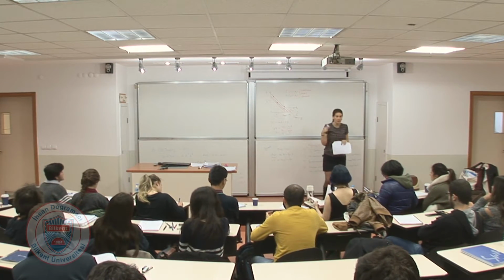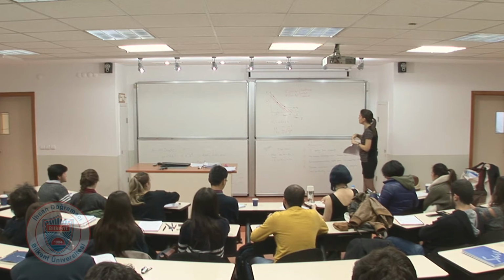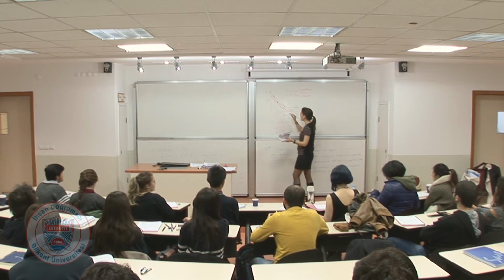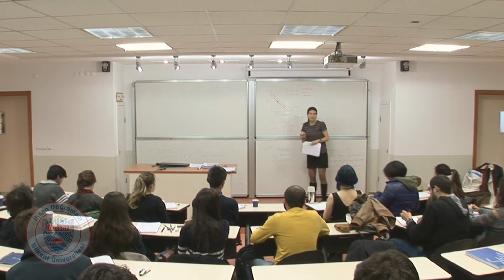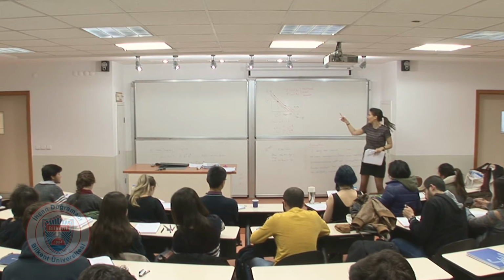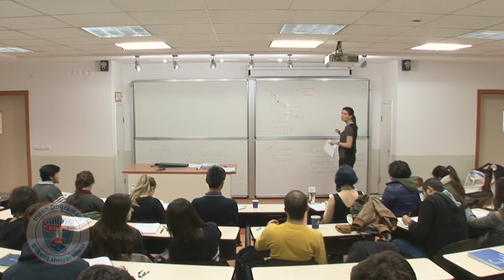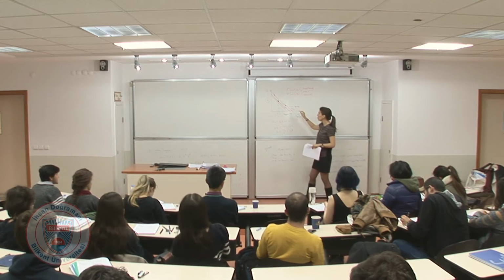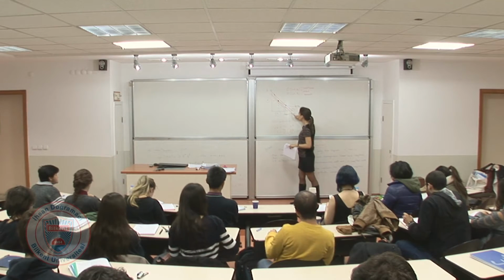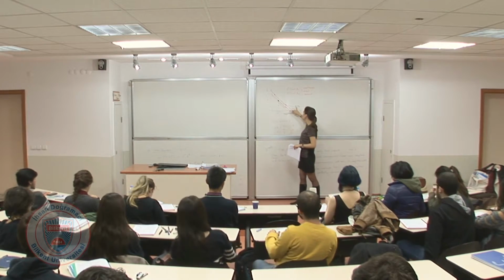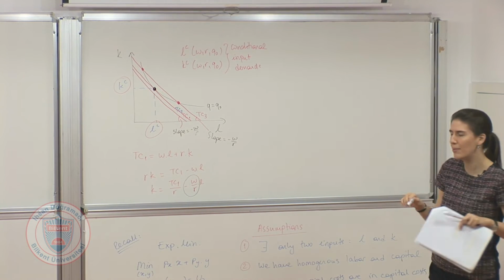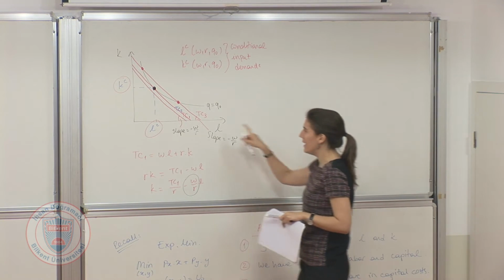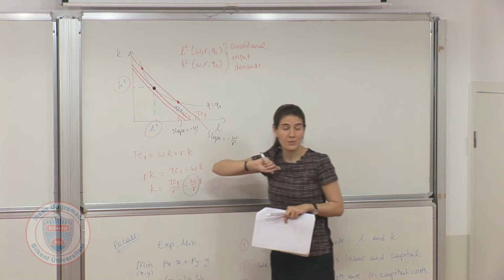But if you check here, how can we actually identify this point? What can we say about that point? The optimal point, as you said, hocam, should be where the total cost line is tangent to the isoquant, right? Whatever amount we would like to produce, it should be tangent. That's what we said.